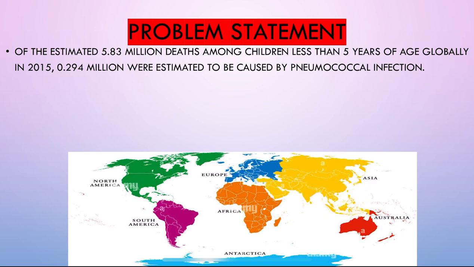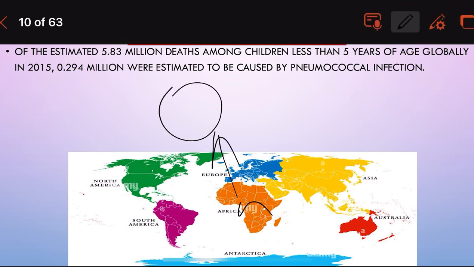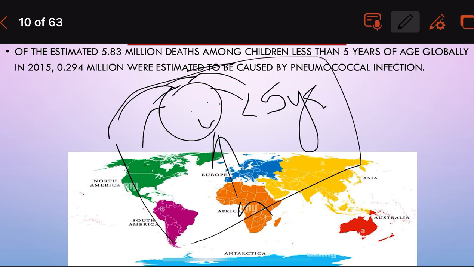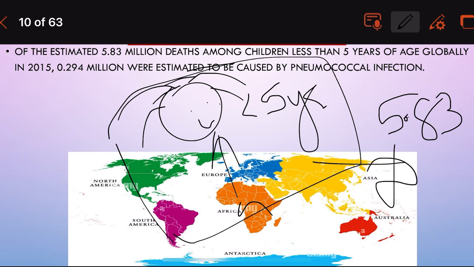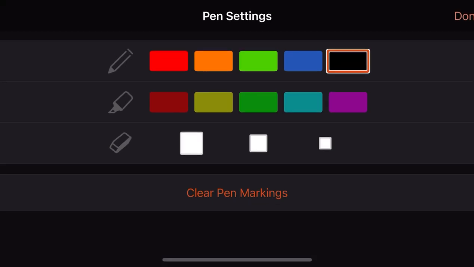So out of these 5.83 million deaths in children less than 5 years of age, 0.294 million were recorded due to pneumococcal infection, that is, due to pneumonia.